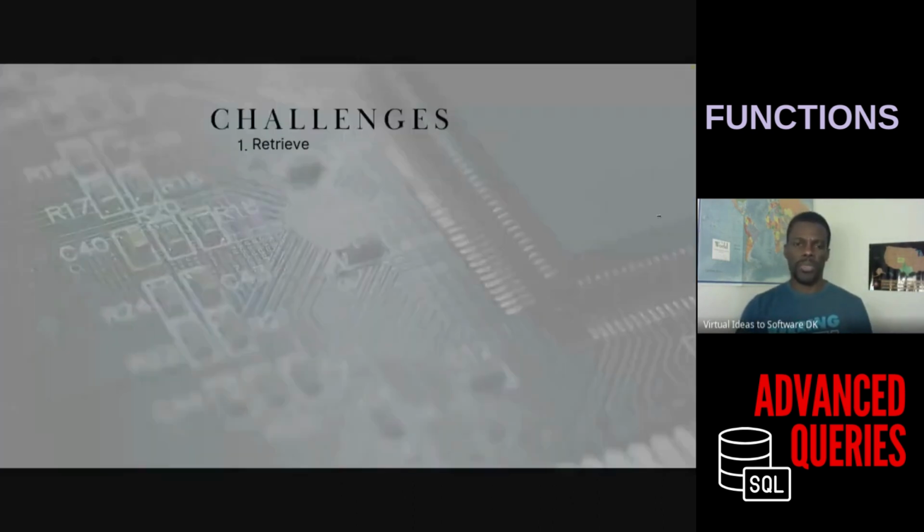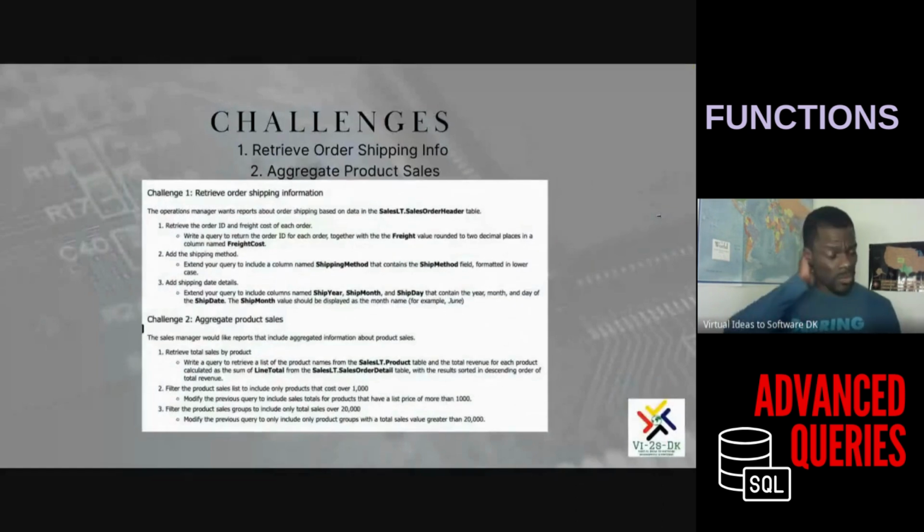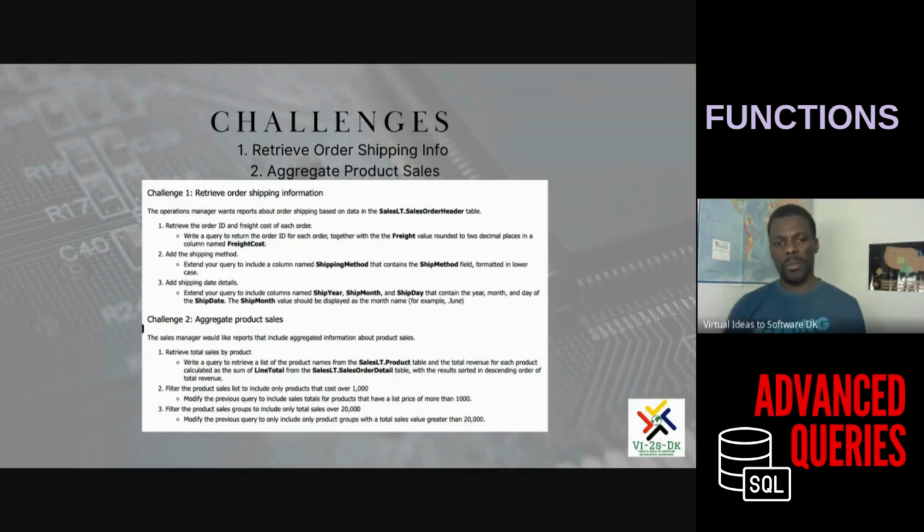That said, we should now be able to proceed to exercise a few challenges, for which I'm going to send a video. A few things to point out: we retrieve order and shipping information, as well as aggregate some product sales information.